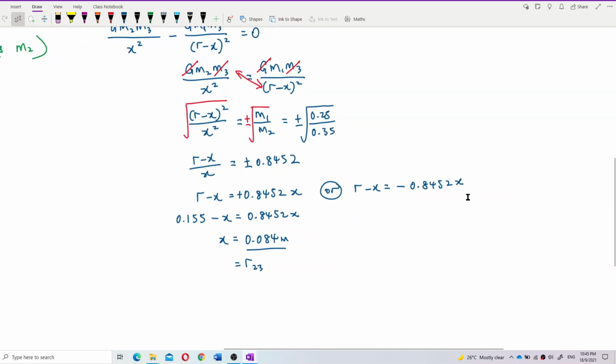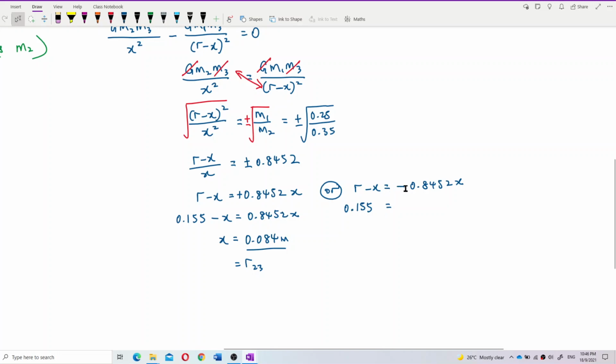How about the other one? Let's put in the r over here also, 0.155, and then this one goes to the other side. So that means this negative 1 goes to the other side and becomes positive 1.